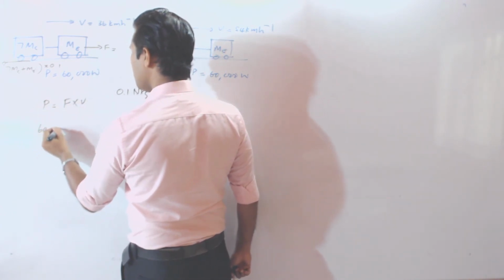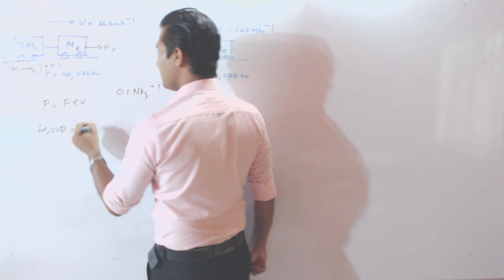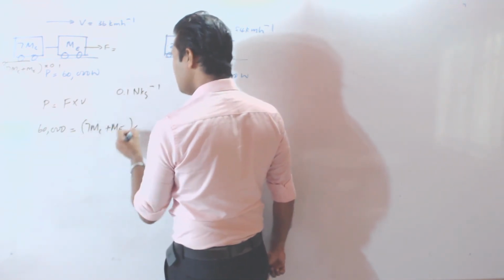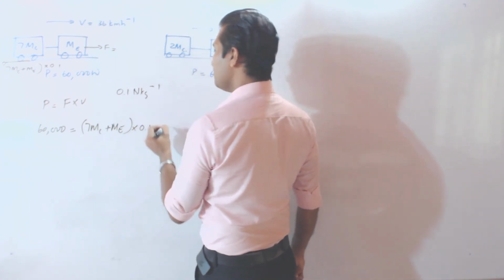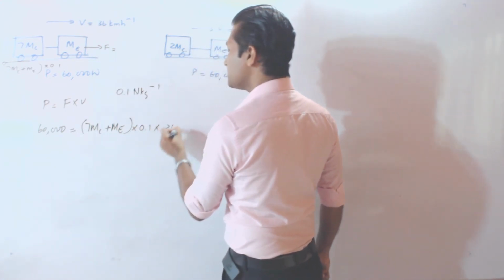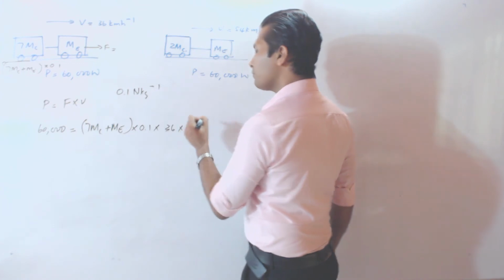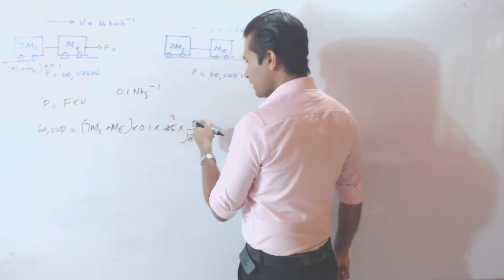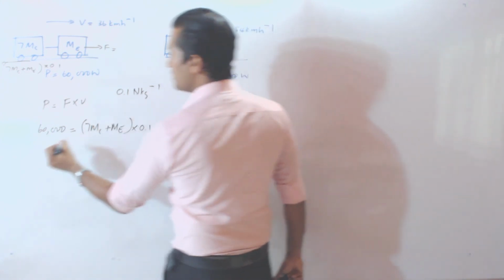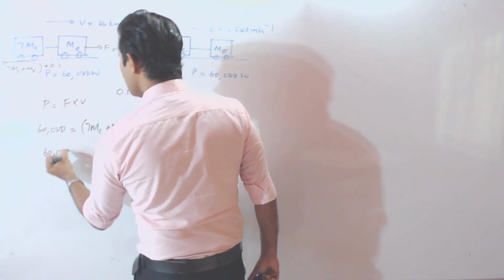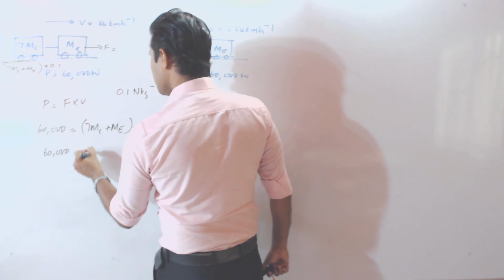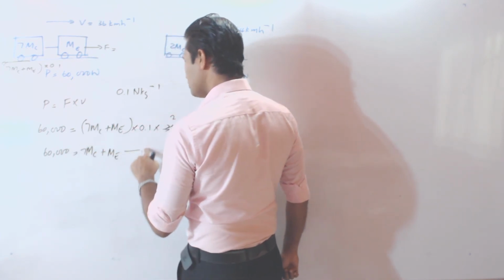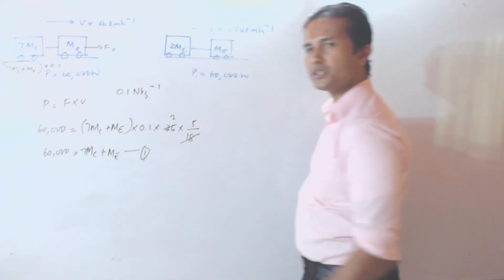P is 60,000, F is (7 mc plus me) into 0.1, and the velocity is 36, which should be multiplied by 5 upon 18. So 60,000 equals 7 mc plus me, times 1. Two unknowns, so there should be two equations.